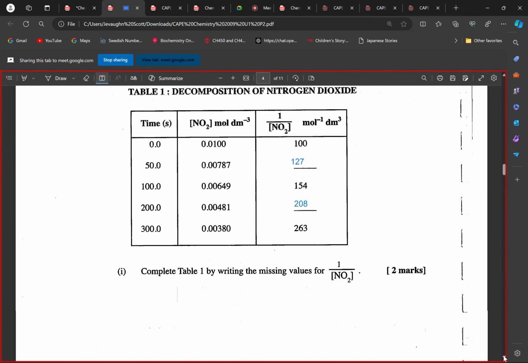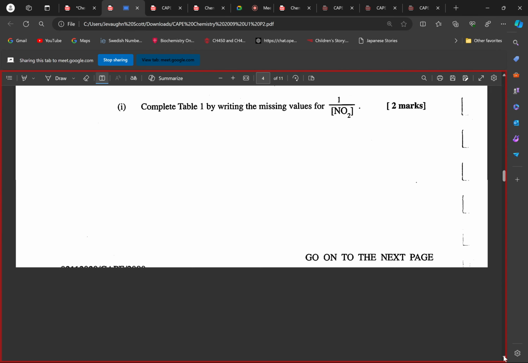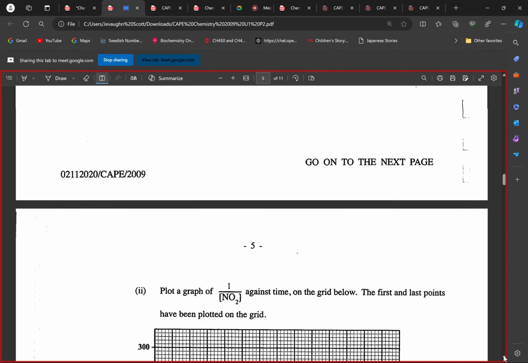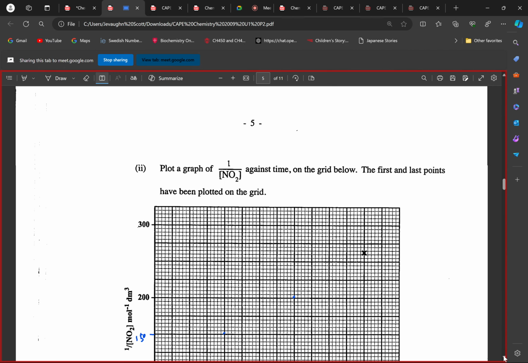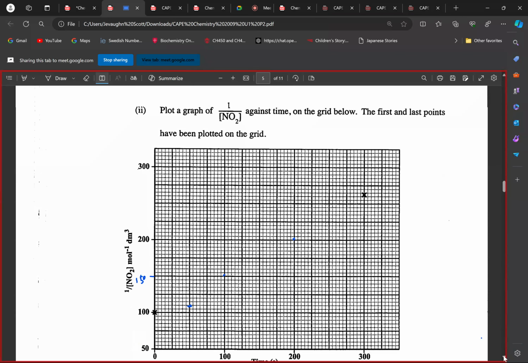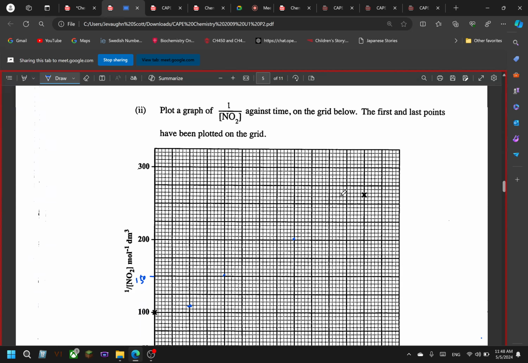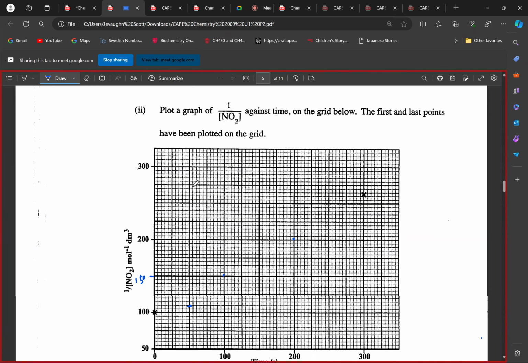Lovely. So let's move on now. This is a very old paper, by the way. When I saw the paper, I was like, I can't just sketch graphs, so I might as well put in the points. So I put in the points here. I don't think going through graphs would make sense, because at this level we should be proficient with graphs.